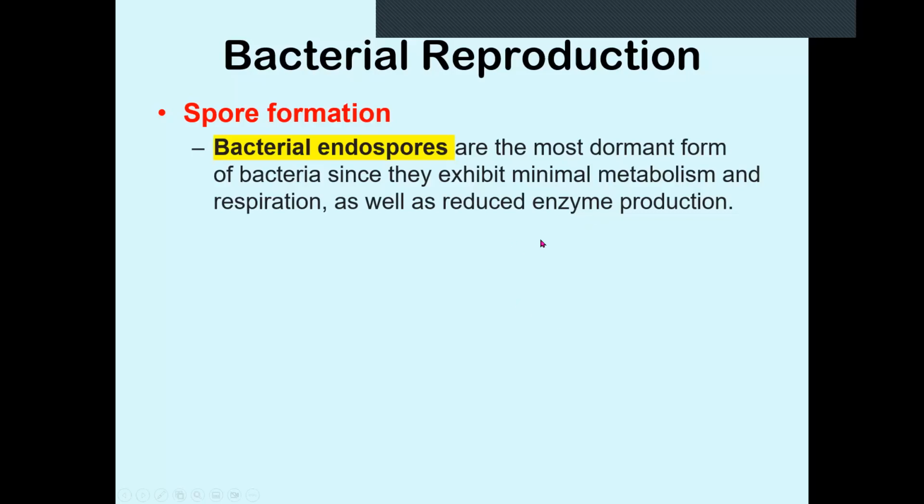They have minimal metabolism, very minimal respiration, and everything's reduced. So they exist, but it's almost like an animal that hibernates, or a plant that has lost all its leaves over winter.